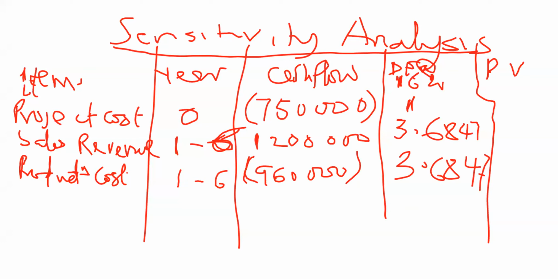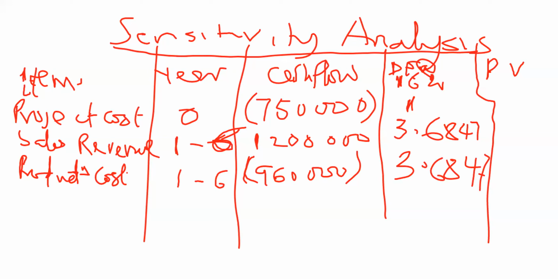So 1.16 raised to the power minus 1 plus 1.16 raised to the power minus 2, that is year 2, plus 1.16 raised to the power minus 3, plus 1.16 raised to the power minus 4, plus 1.16 raised to the power minus 5, plus 1.16 raised to the power minus 6. When you press the final answer, you get the same thing on the board. Is it clear? Yes, sir. Okay, you can try that one later.